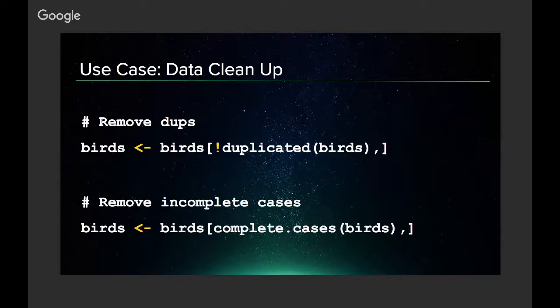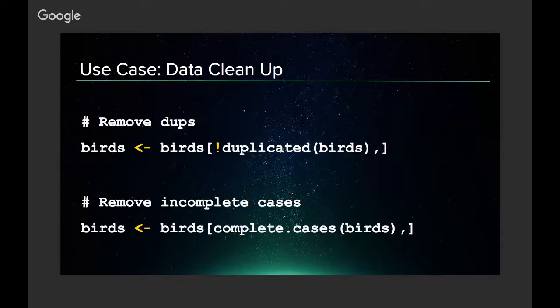To remove duplicates, there's a function called duplicated, which looks for duplicates and will give you a true or false for every row in your table. You can subset your object looking for ones that are not duplicated, where the exclamation point means not, and then you have a clean data set with no duplicates.